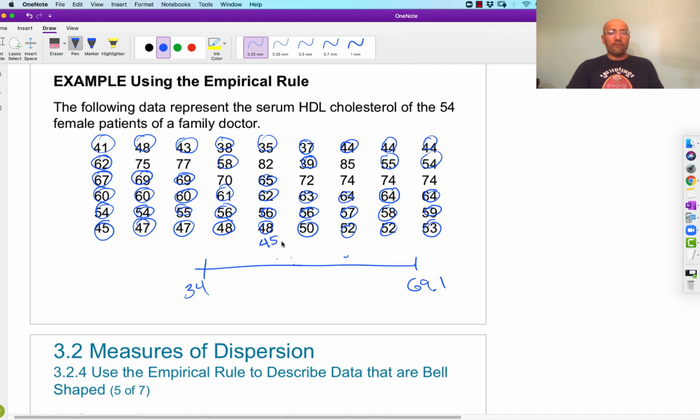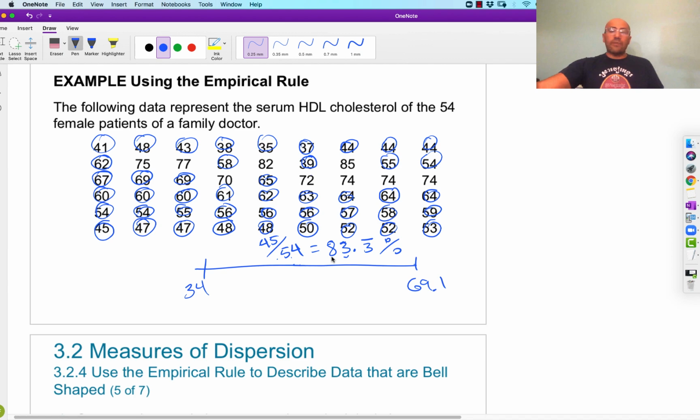I get 45 out of the 54. If we divide that, 45 divided by 54, I'm getting 83.3 repeating percent.